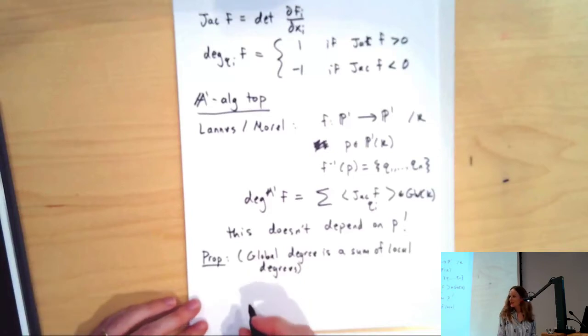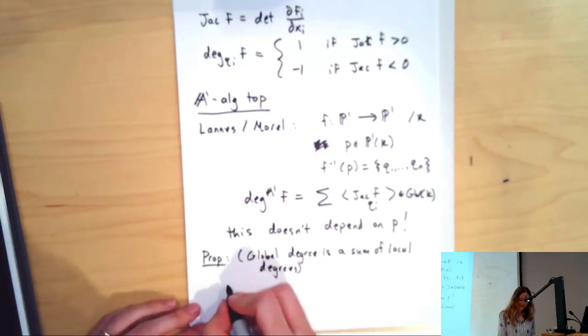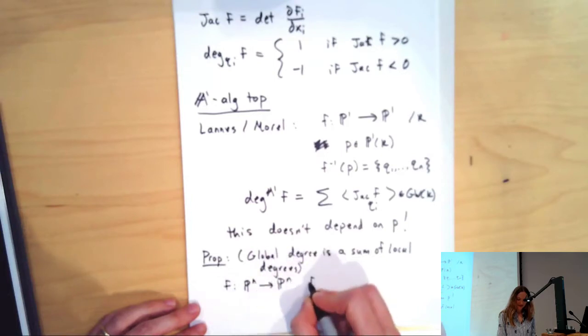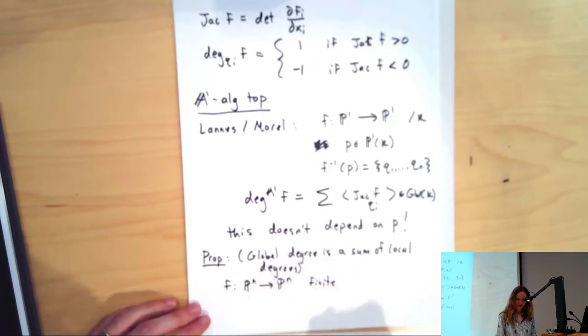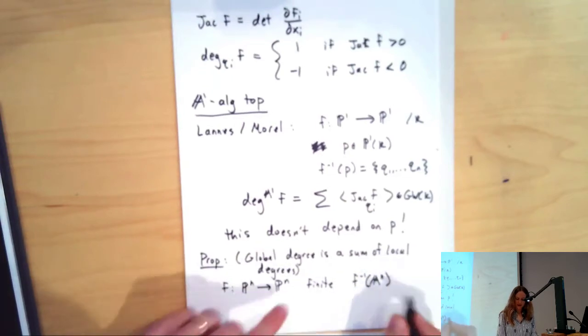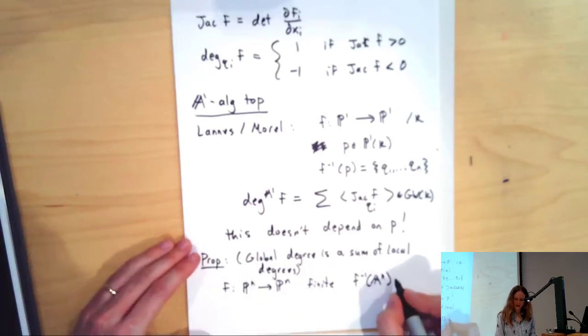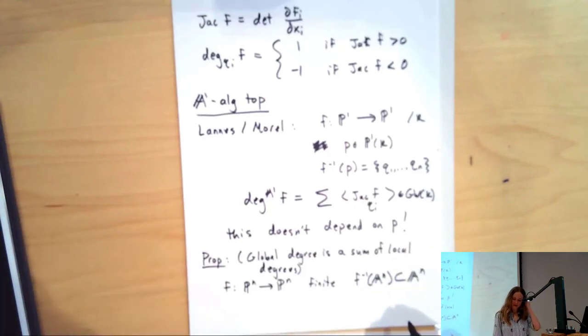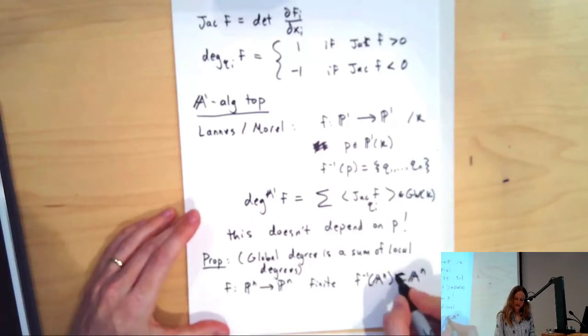Okay. So let's take f from Pn to Pn, say finite for safety, and such that f inverse of a big An, so let's say we have a favorite copy of An sitting inside Pn, is An.